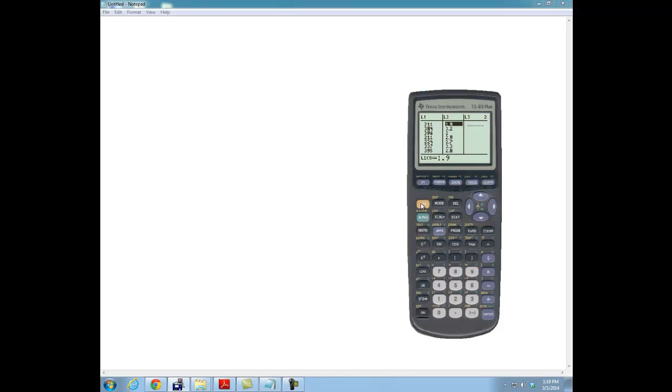So let me go to my stat, right 1. But before I hit enter, since the data is in list 2, I'm going to click second 2, and this takes my statistics from list 2 instead of list 1.